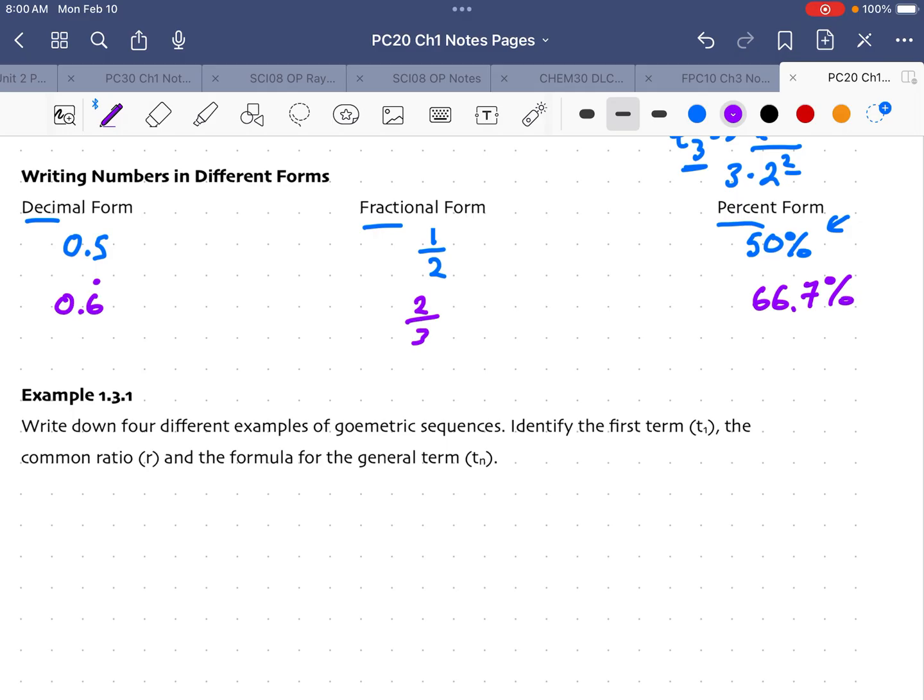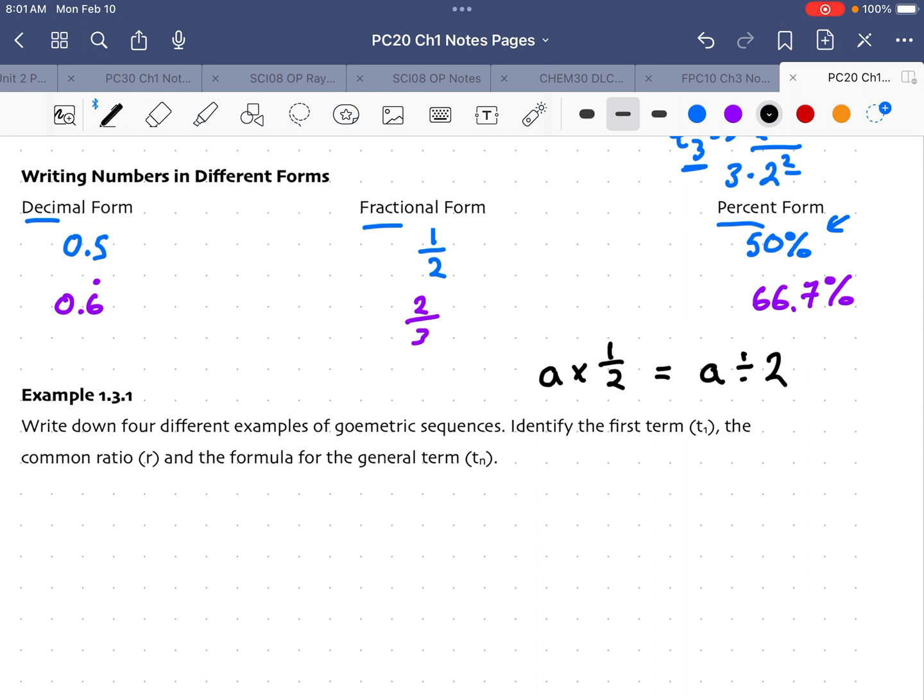One other important fact that you need to know is that if we take a number and we times it by 1/2, that's equal to taking that number and dividing it by 2.